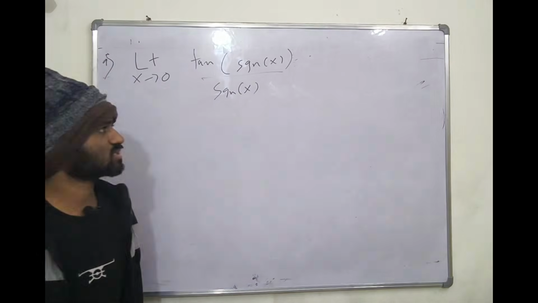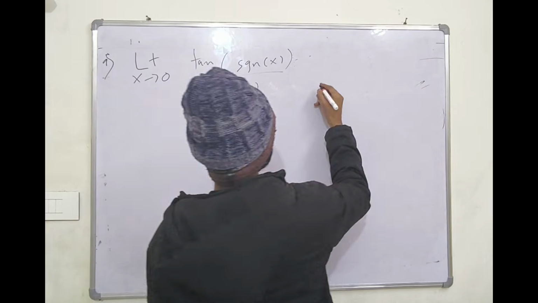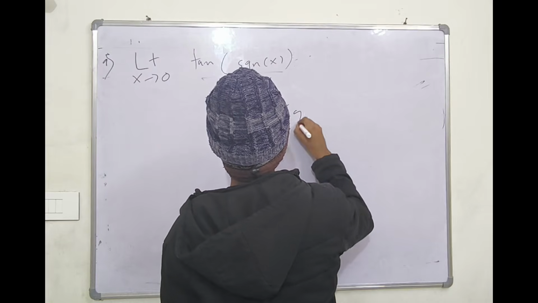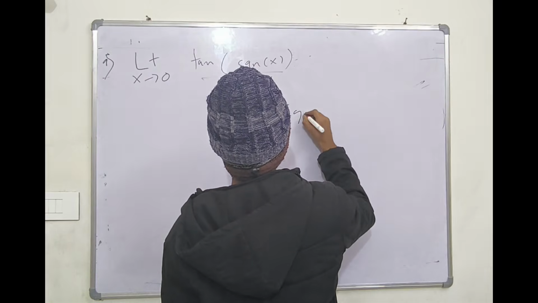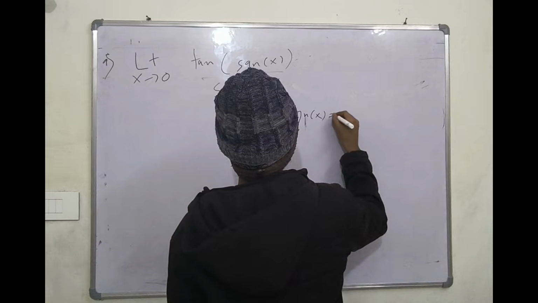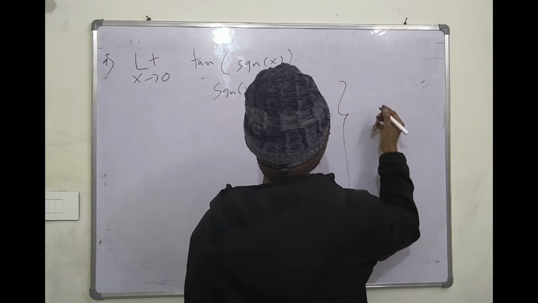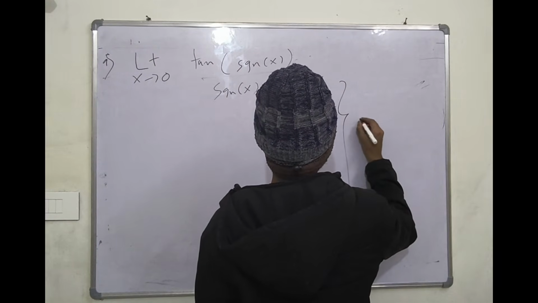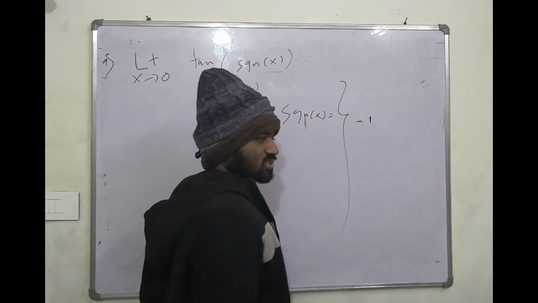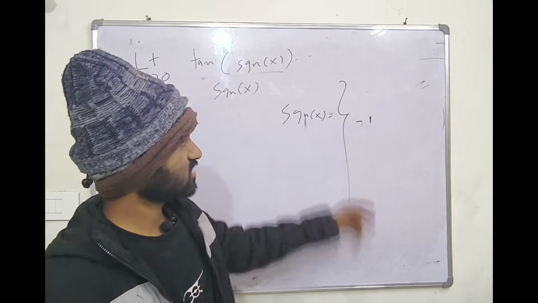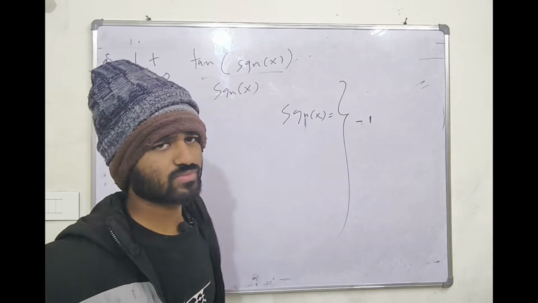What is the function signum x? Signum x is equal to -1 if x is less than 0. For all values x less than 0, the value is -1.